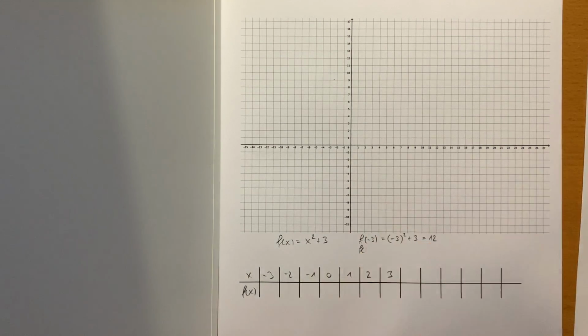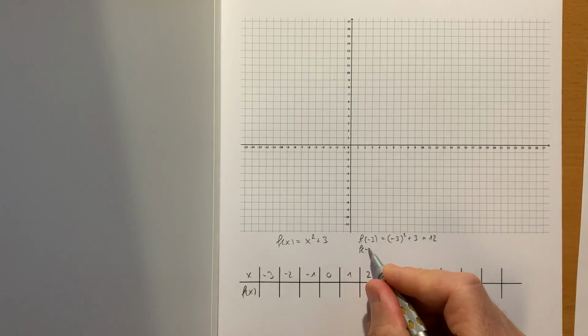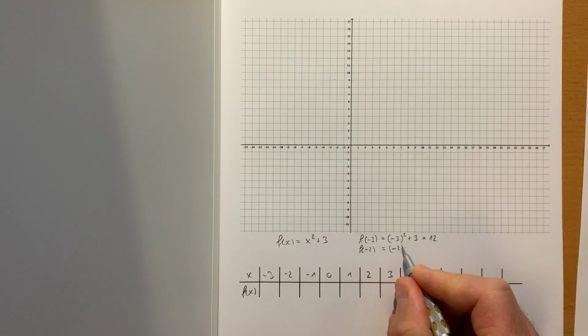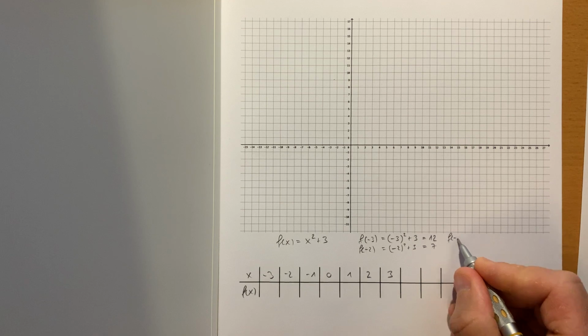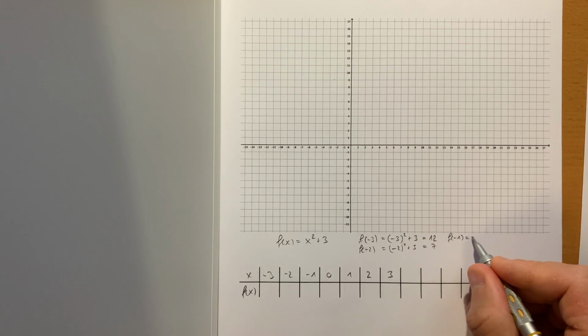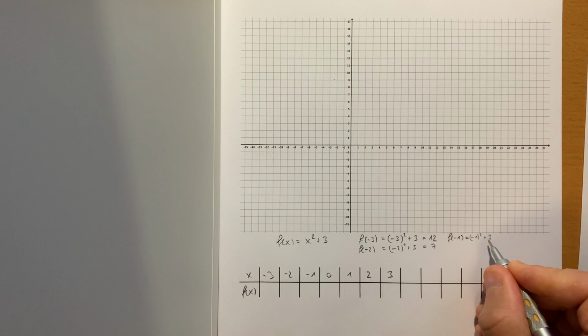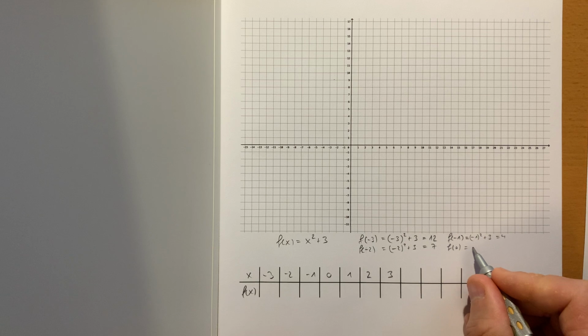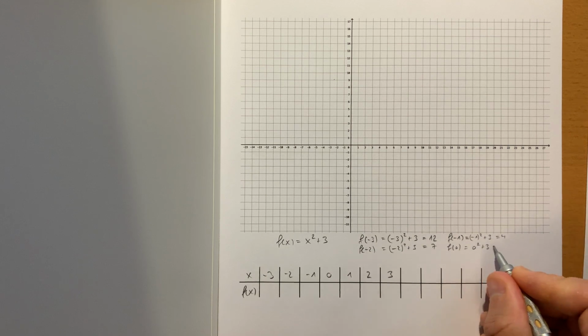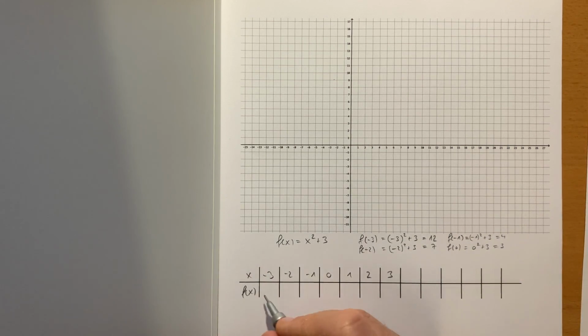So f of -2 is -2 squared plus 3. Well, that's 4 plus 3, that's 7. Then f of -1 is -1 squared plus 3, so that's 4. f of 0 is now 0 squared plus 3, so it's just 3. So let's fill these in.